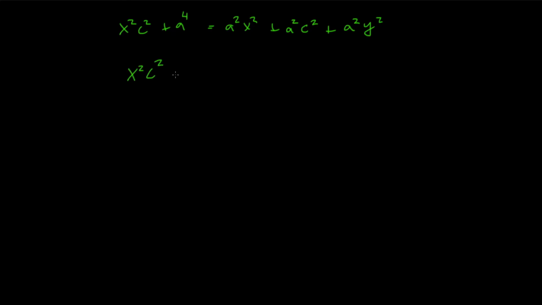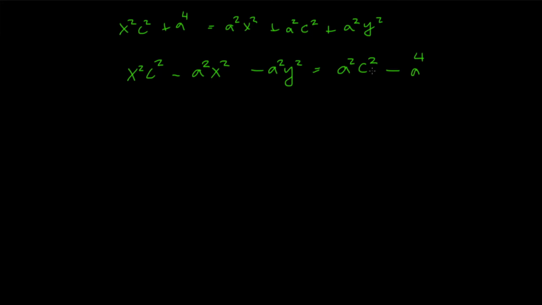I'm going to move the a squared x squared to the left-hand side. I'm going to move the a squared y squared to the left-hand side, and I'm going to move the a to the 4th to the right-hand side with the a squared c squared. All right, so let me just double check that I haven't dropped anything.